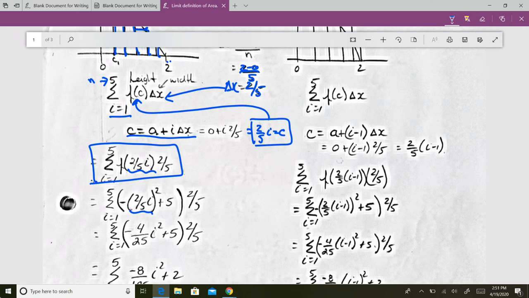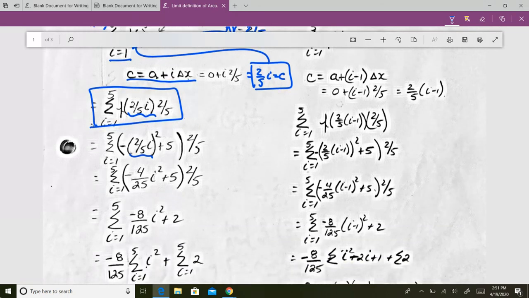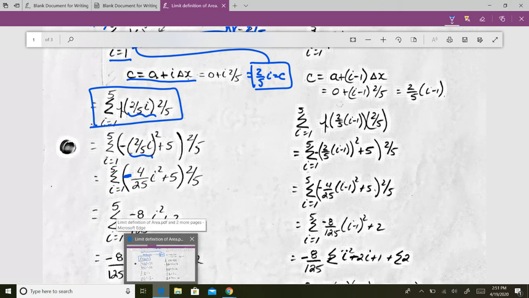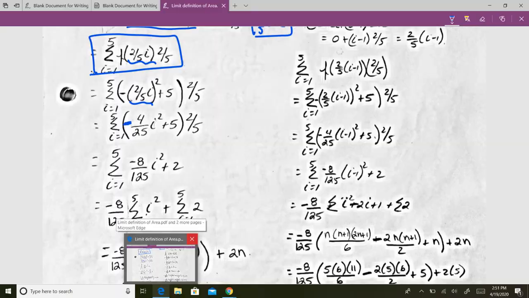That's the function times this number out here, 2/5. If you square 2/5 i, you get 4/25 i squared, and negative stays on the outside, plus 5, times 2/5.